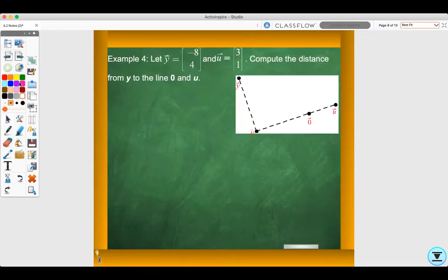So let's look at this example here. Let y equal negative 8, 4 and u equal 3, 1. Compute the distance from y to the line through 0 and u. So this equals the distance from y hat to y.